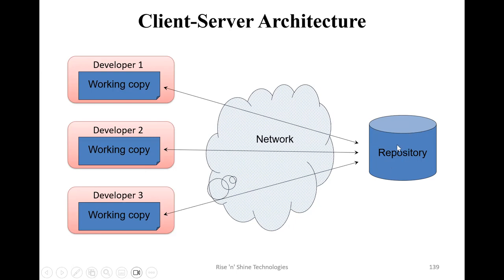If the central server is reachable, we are okay. But if it is down, then we lose everything. So that is the dependency we have. This is not that much distributed. This is not distributed.